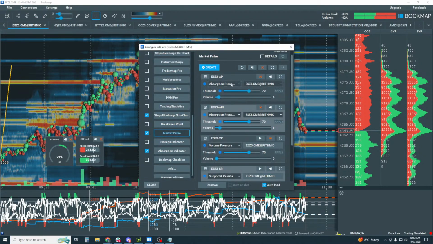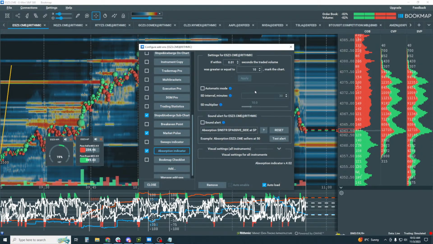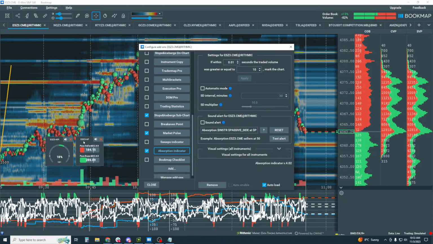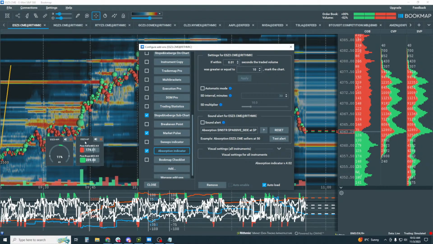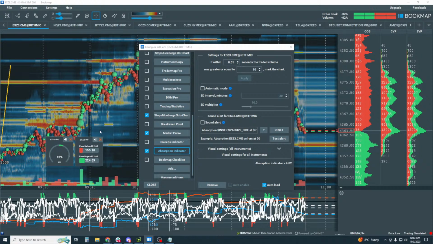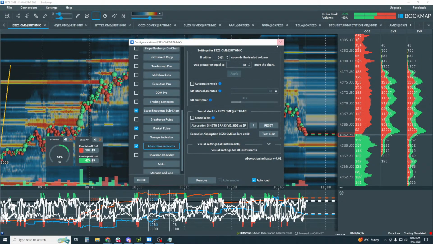So if I change my settings on the absorption indicator, it will affect Market Pulse for absorption. This is a really great tool. So it's an indicator based off of another indicator. So you can really filter in here. The same is for TraderMap Pro and others.